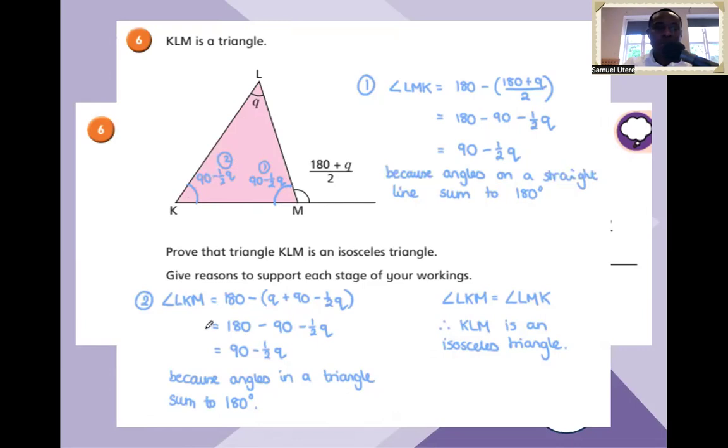So let's see. To get this angle here, LKM, we would have to do 180 degrees minus this here plus q. And this is what we'll get. Now, simplifying this will be 180 minus 90 minus half q.